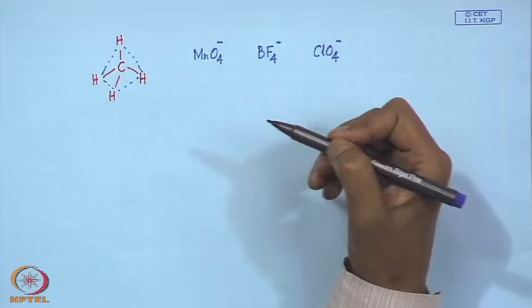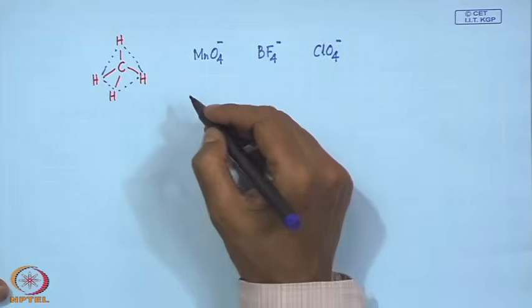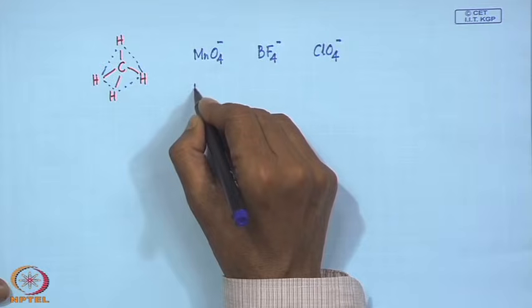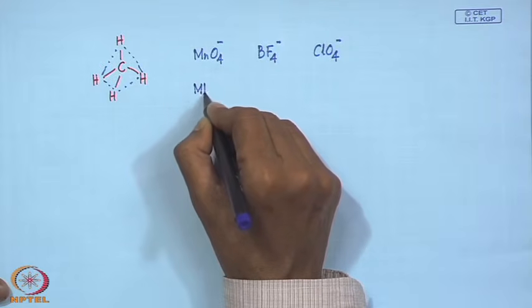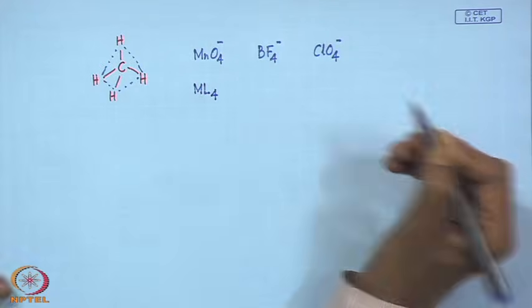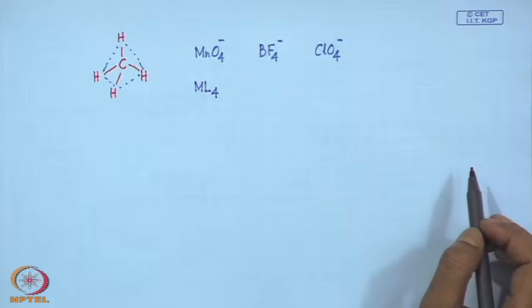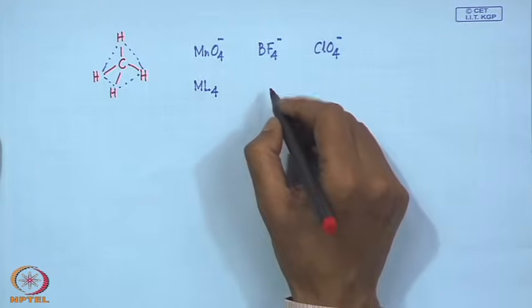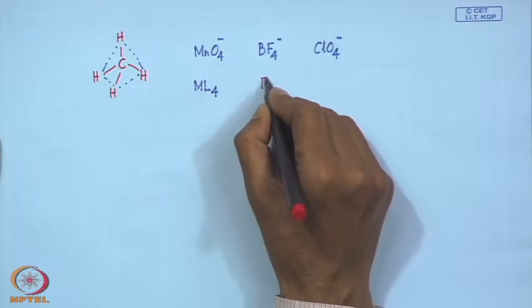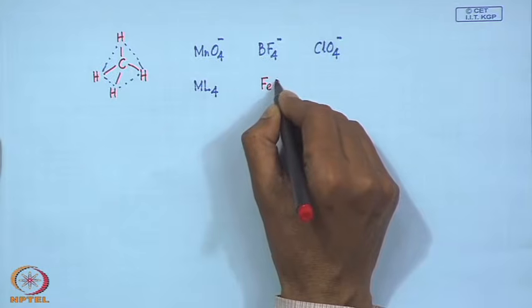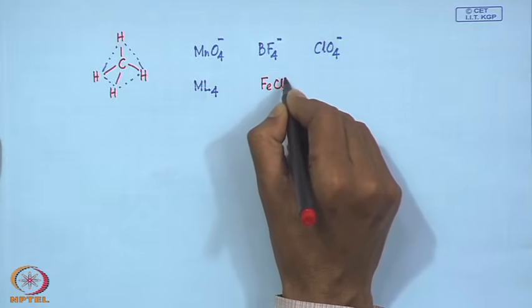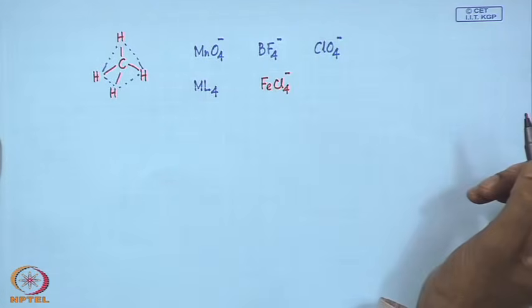But how quickly do we get a typical example of a coordination number of 4 where we have the metal center and 4 ligands? It is a difficult choice for us when we react a typical metal ion with 4 such ligands, such as if we want to make the corresponding FeCl4 minus.